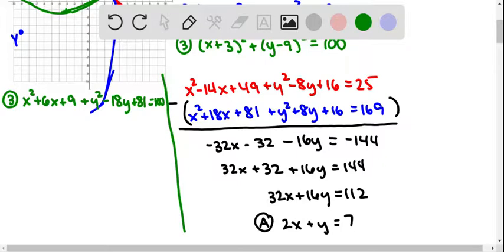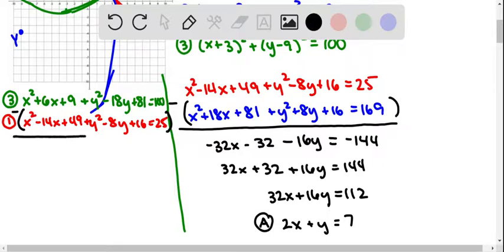And let's go ahead and combine that with one of our other equations. How about equation 1? So we have x squared minus 14x plus 49 plus y squared minus 8y plus 16 equals 25. And if we subtract those equations, we will have 20x minus 40 minus 10y plus 65 equals 75.